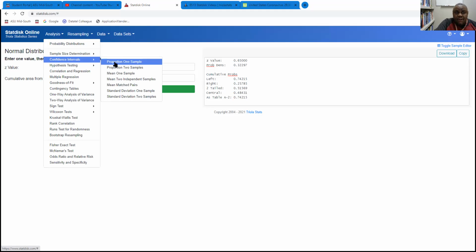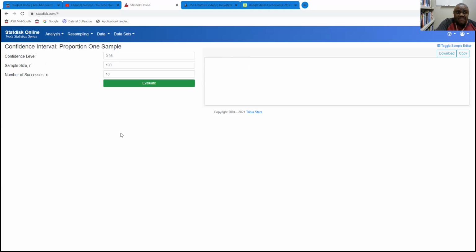So we're going to click on proportion 1 sample. You're going to see these numbers that you have to enter, those spaces you have to fill in. Now, we are constructing in this case a 95% confidence interval. When you first use this, they're going to give you 0.95 as a default.